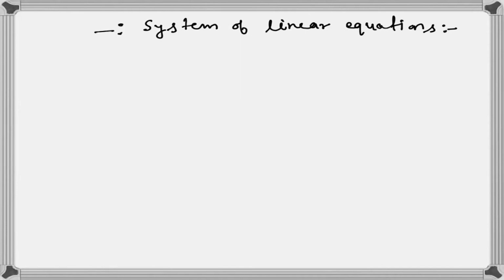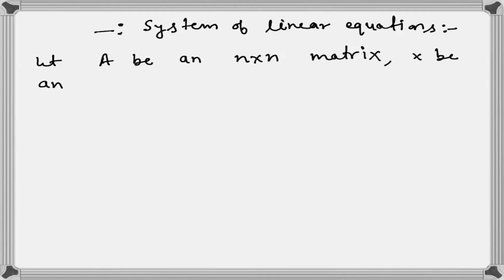So let A be an n cross n matrix, x be an n cross 1 vector, and b be an n cross 1 vector.